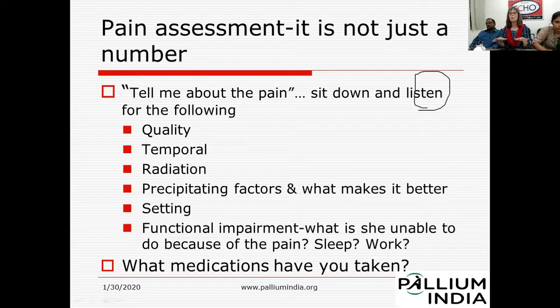And then finally, what medications have you taken? Any questions about this? You can see there's a mnemonic of PQRSTU, all right? U is for function. If you like mnemonics, that might work for you.